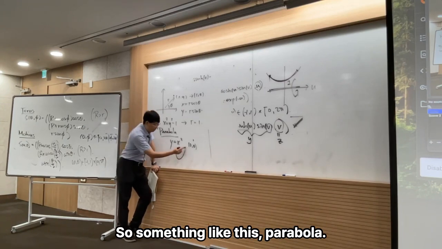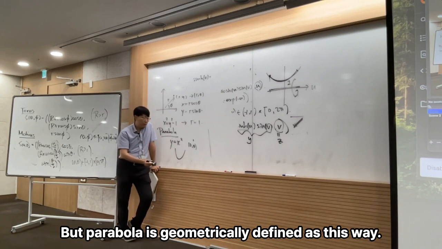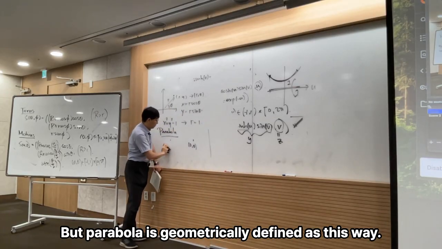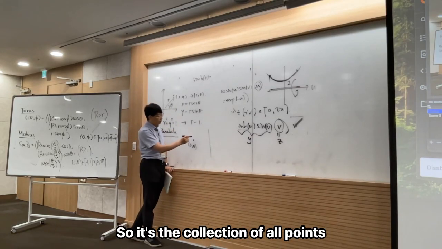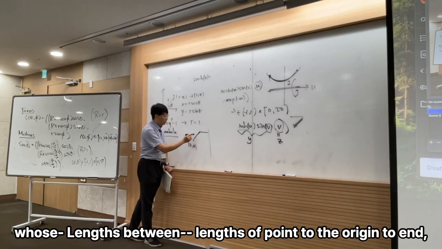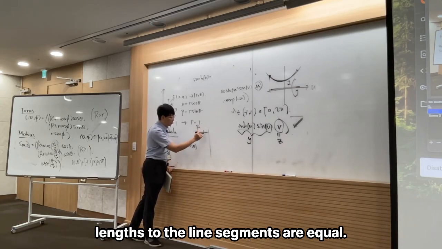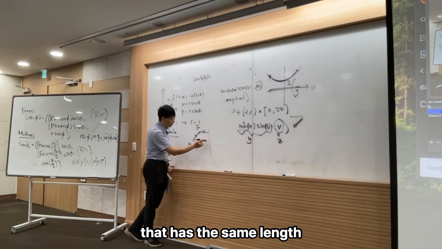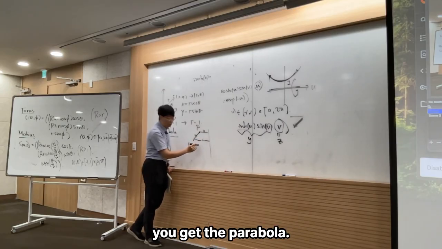That is called a parabola, but a parabola is geometrically defined this way. It's the collection of all points whose distance to the origin and distance to the line are equal. If you collect all the points that have the same length between these two line segments, you get the parabola.